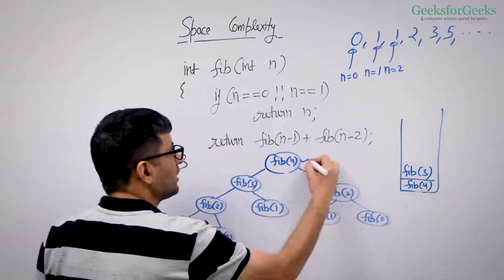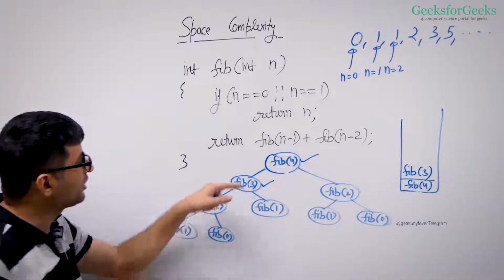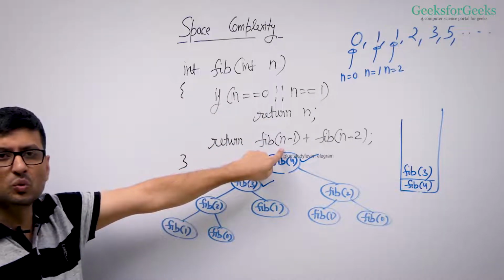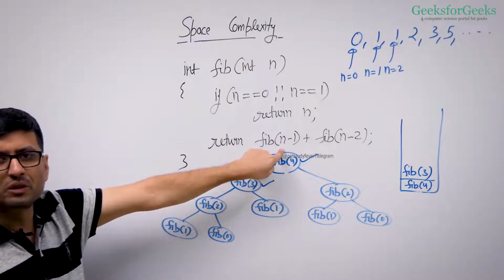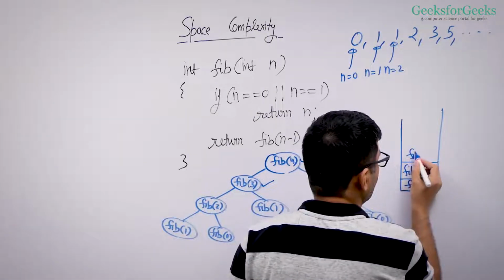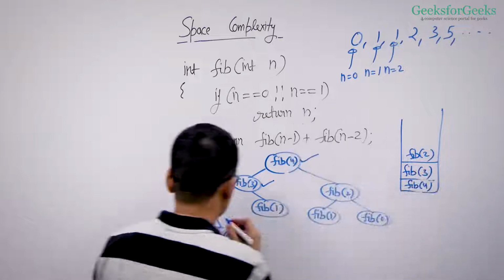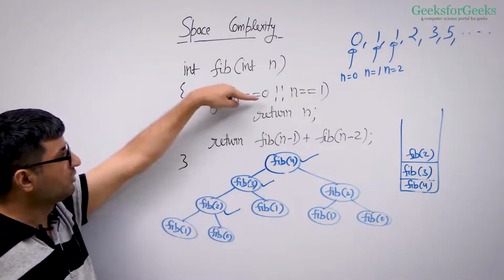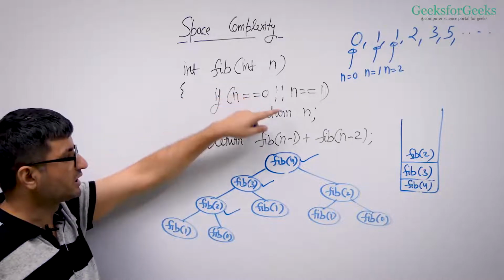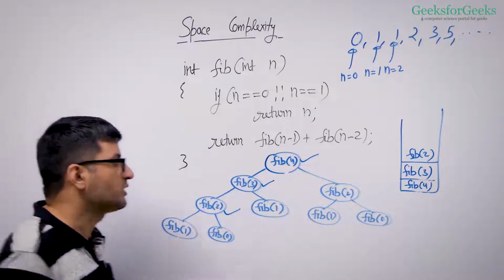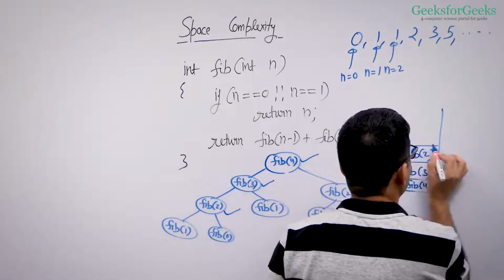Now Fibonacci 3 also begins its execution from here and calls for Fibonacci 2. So Fibonacci 2 also goes into the recursion call stack. Now Fibonacci 2 again begins its execution, does not go into the base cases, calls for Fibonacci 1, right? So Fibonacci 1 also goes into the recursion call stack.